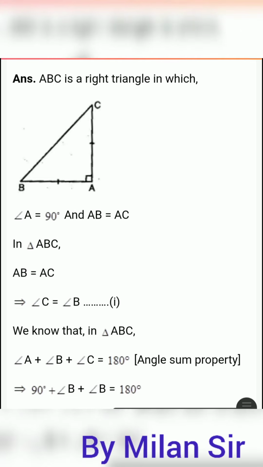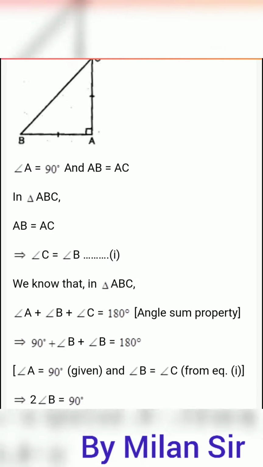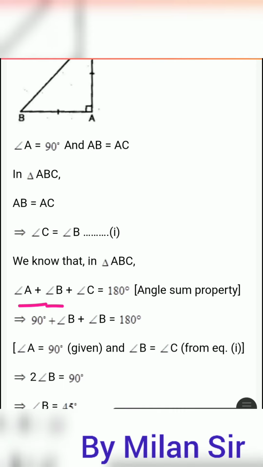So here in triangle ABC, AB is equal to AC, so opposite angles C and B are both equal. Now in triangle ABC, by the angle sum property, angle A plus angle B plus angle C is equal to 180 degrees. The value of angle A is given as 90 degrees, so in place of angle A, write 90 degrees.